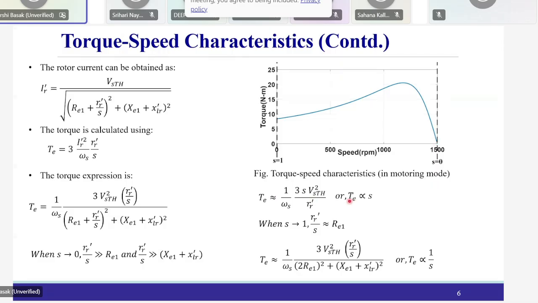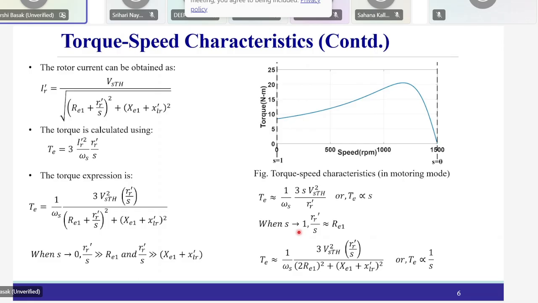Then it can be written that torque is directly proportional to slip, and at slip equal to zero, voltage induced is zero, and therefore the torque output or the rotor current is also zero. That you can find out from this expression as well. You just substitute S equal to zero, then you will see that the torque output will also become zero.